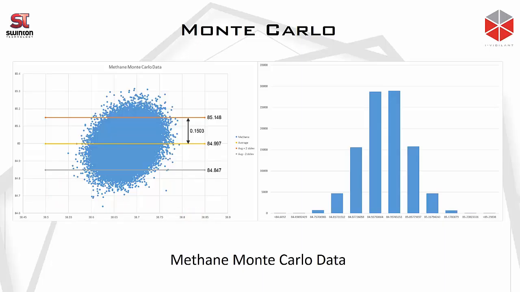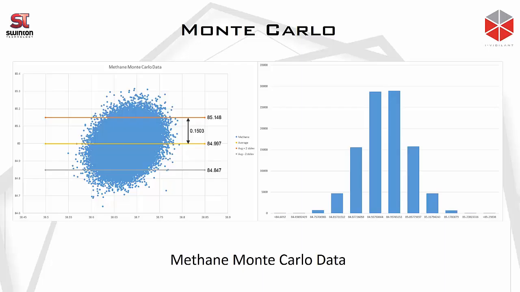We can see that we have 100,000 data points of methane, and the distribution is a normal distribution. The average, which is 84.9977, has pretty much the biggest number of generated values, and as we move away from the average, we get a lower number of data.